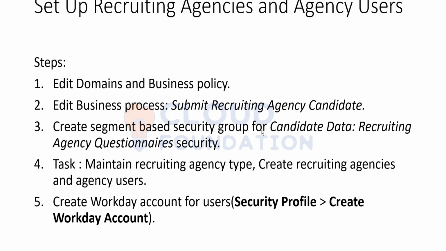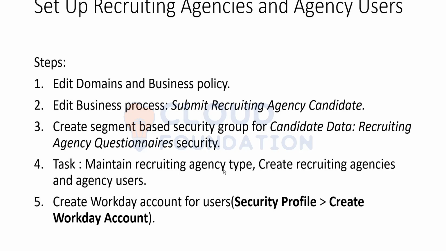Then we have to create a segment-based security group, which will have access to the agency's questionnaires and the response of the candidate for those questionnaires. And these questionnaires are for the agencies only. Then we have to go and see what all recruiting agency types are there.